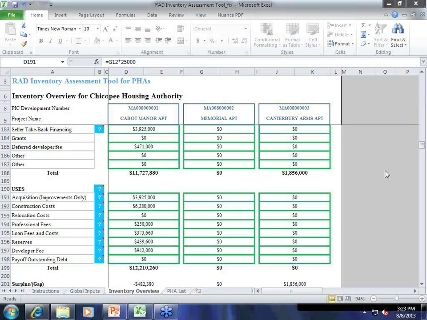And the reason you're not going to include the land in your acquisition price is that you don't get any benefit from that. The land is a non-basis eligible item, and so you don't get any tax credits from putting your land into the LLC. And as the PHA, if you continue to own the land, you can lease it to the LLC on a very long-term lease, typically 50 to 80 years long.